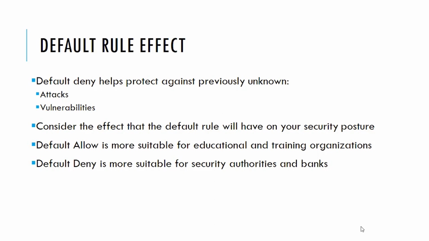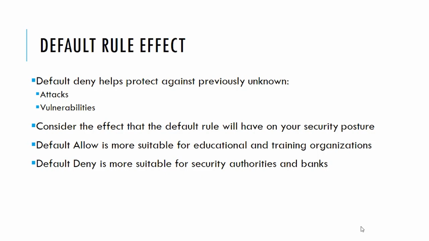If you choose default deny, this helps protect against previously unknown attacks or vulnerabilities. What does this mean? There are some types of attacks that are called zero-day attacks or zero-day vulnerabilities. These are attacks that appeared today, that were invented today, that are striking the world today.